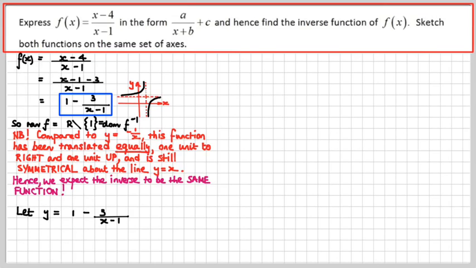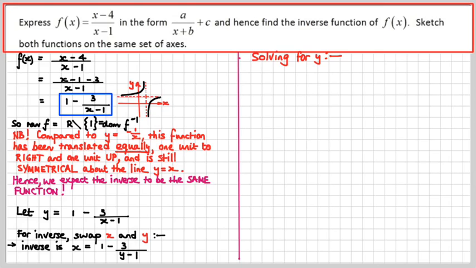So let's do it. Let y equal, I always let y equal so I can swap x and y, okay? I ditch the f of x notation just for the process of finding the inverse, and then I go back to it at the end. Right, let's swap x and y, and now I've got to solve that for y, don't I? Y oh y, my oh my. So that's that there.